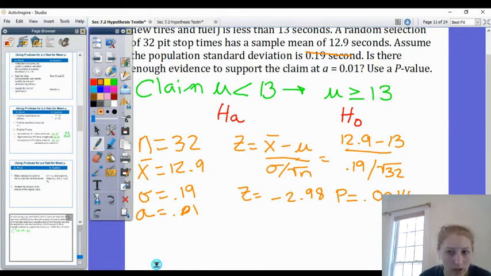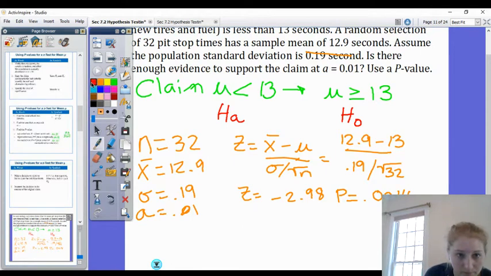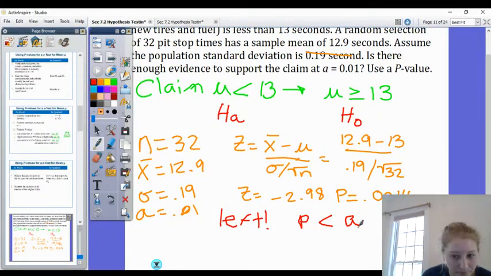The next question we need to ask ourselves is, are we doing a left, right, or two-tailed test? In this case, since I have the greater than or equal to, that tells me I'm doing a left-tailed test. In the left-tailed test, we have our probability of 0.0014. If we were doing a right-tailed test, we'd have to do 1 minus that. Since my probability is less than my significance level, 0.01, we know we are going to reject our null.